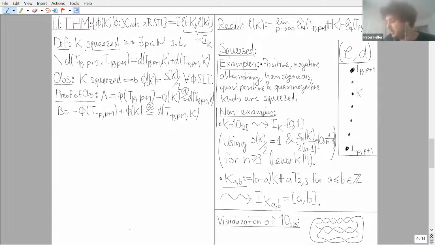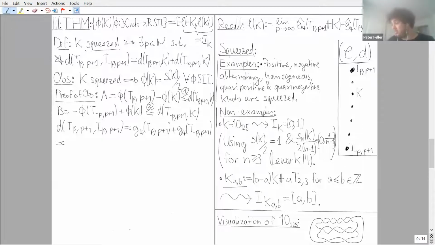I'm also going to remind myself what squeezed means with this equality. And now I'm going to write down a little calculation. If I look at the distance between these two torus knots, I know what this is. It's actually equal to the sum of their 4-genera, which you get out of the local Thom conjecture if you want, or even the existence of slice-torus invariants.